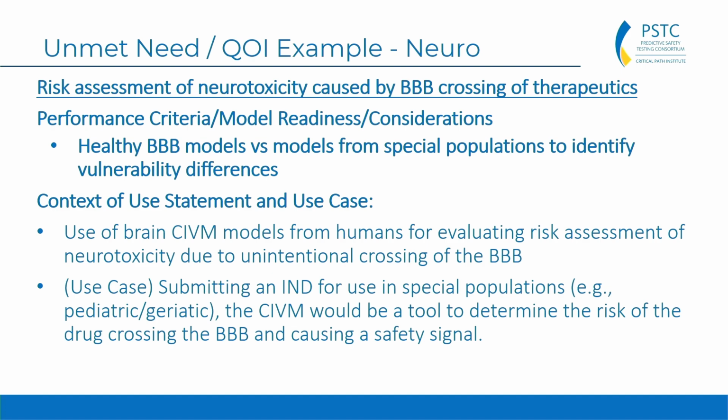And then a use case was submitting an IND for use in special populations, here pediatrics or geriatrics, and the CIVM could be a tool for determining the risk of the drug crossing the blood-brain barrier in that special population, potentially causing a safety signal.